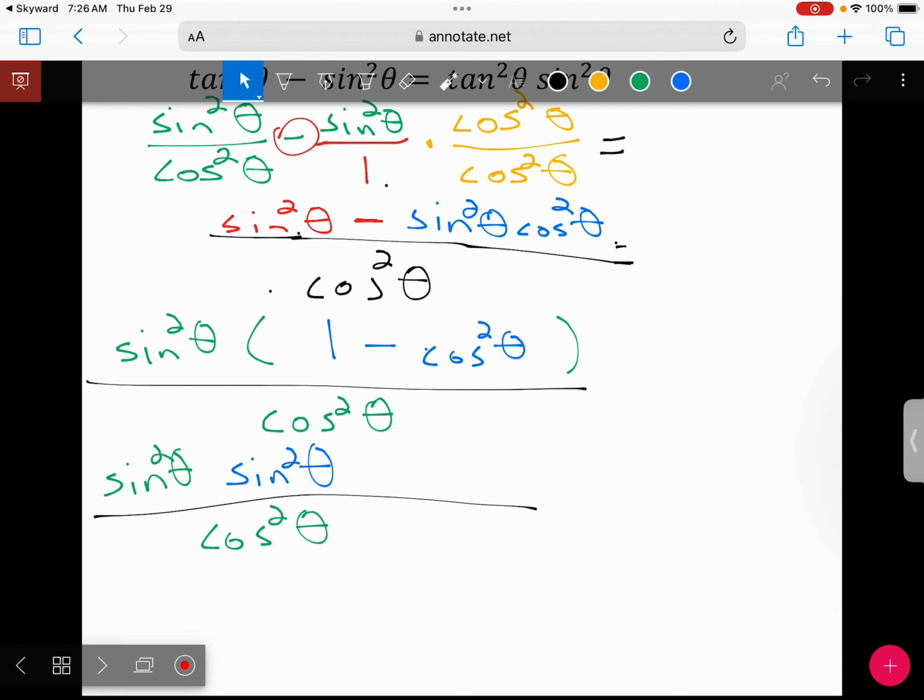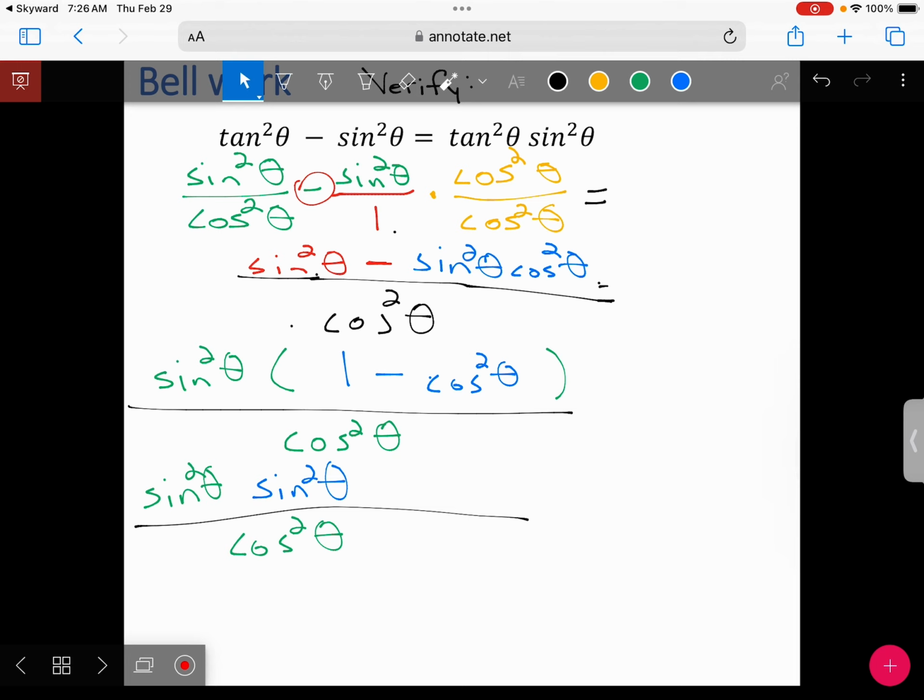Now, I know there's a lot of things to remember, but as you're doing these problems, always keep what's on the right-hand side in the back of your head. Because if I weren't paying attention to the right-hand side, I might say, okay, I can get sine to the 4th theta. But then you'd get stuck.